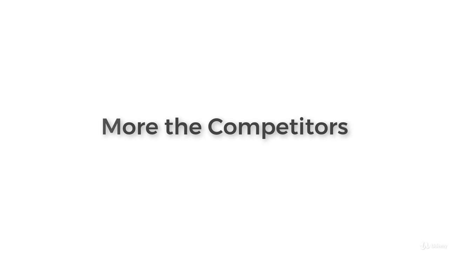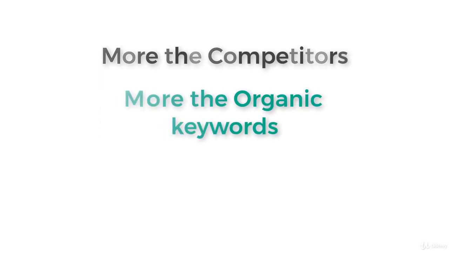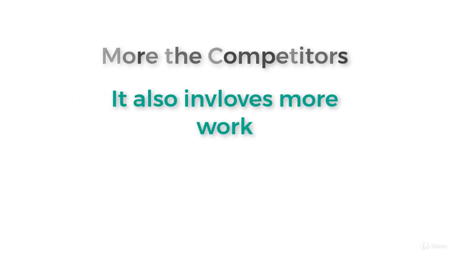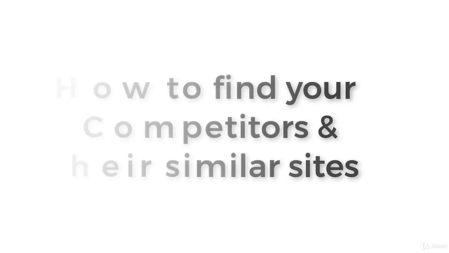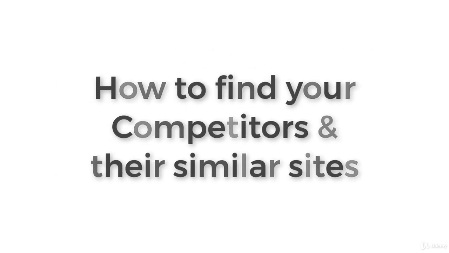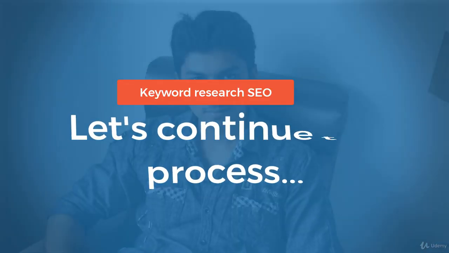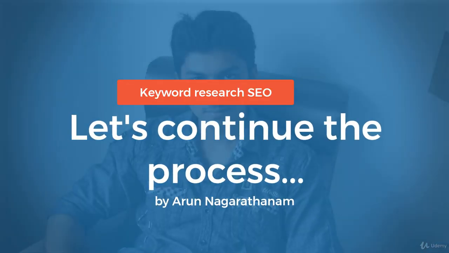The more competitors, the more organic keywords you will get to target. However, it also involves more work for you to do. So far, I have demonstrated how to find your competitors and their similar websites. So let's continue the process of finding their top keywords in the next lecture.